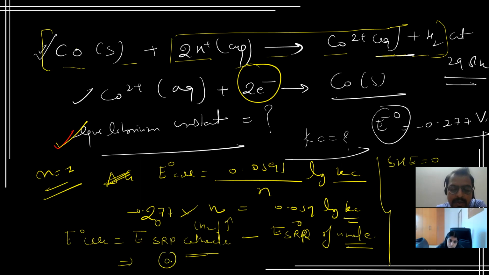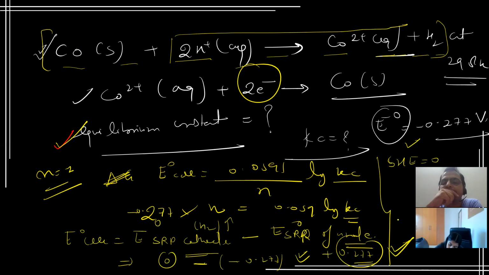So this value is taken as 0. And then minus the SRP, this is the reduction value, minus 0.277. So it will be minus of minus 0.277, which is plus 0.277. You have to take plus. This is how plus will come.